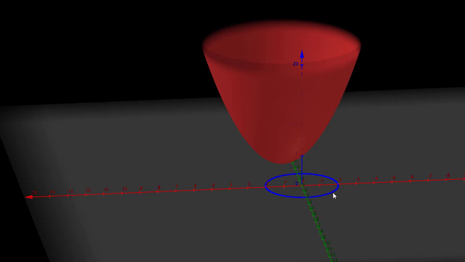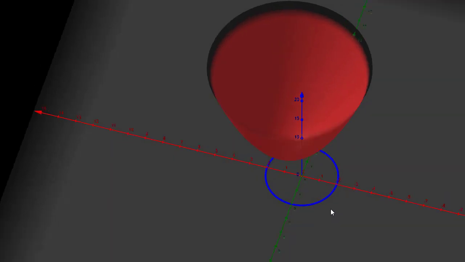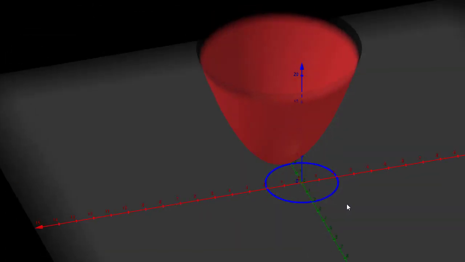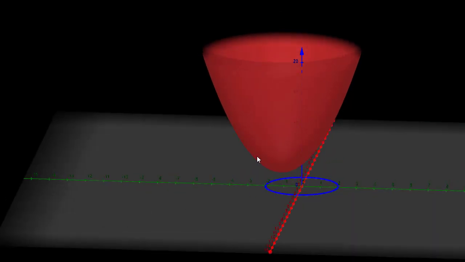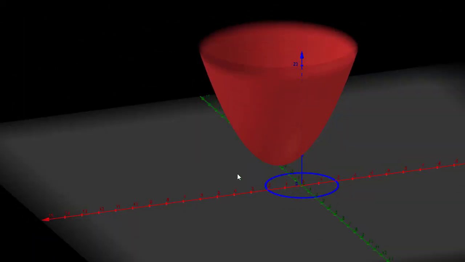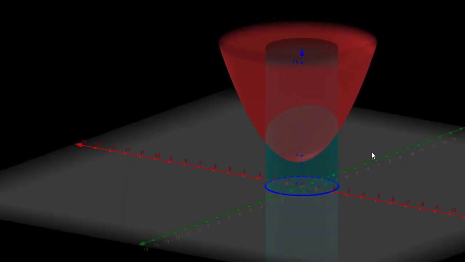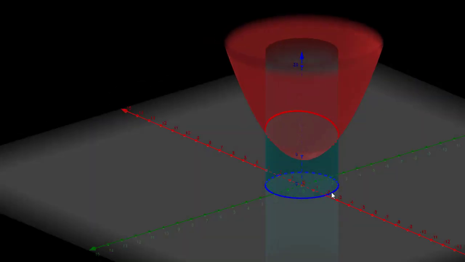X squared plus y squared is equal to 4, so that's just a circle centered at the origin with radius 2. Okay? Now, what we mean by saying that we want to find the absolute max and min of this surface constrained to this curve is basically this. We're going to map this blue circle up, and see where it intersects the surface here. That's this curve.